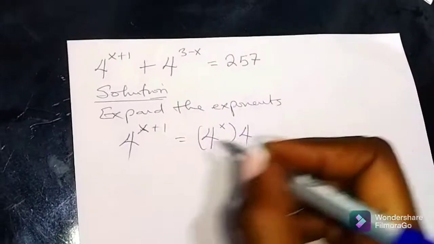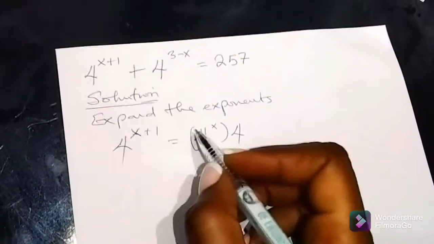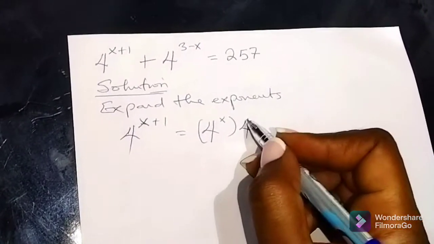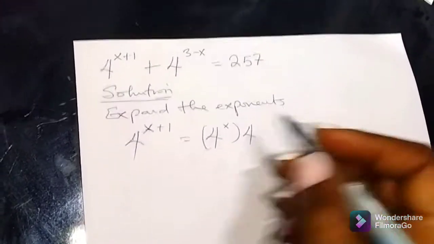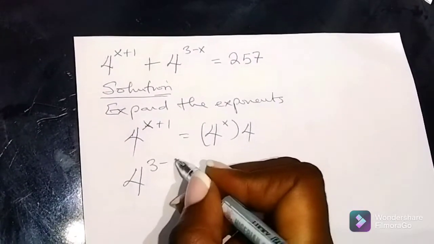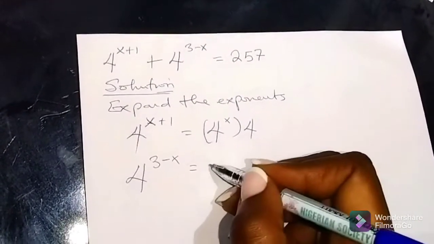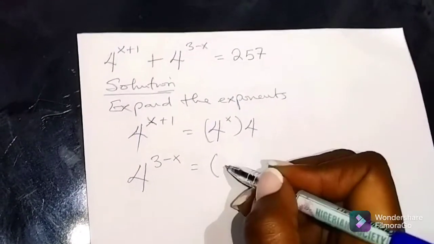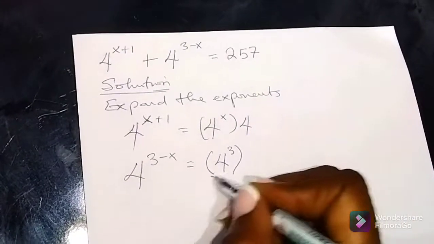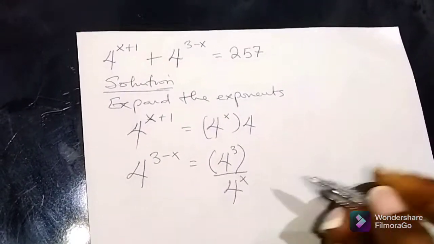The second term is 4 raised to the power 3 minus x. If we expand this exponent, we will have 4 raised to the power 3 divided by 4 raised to the power x.